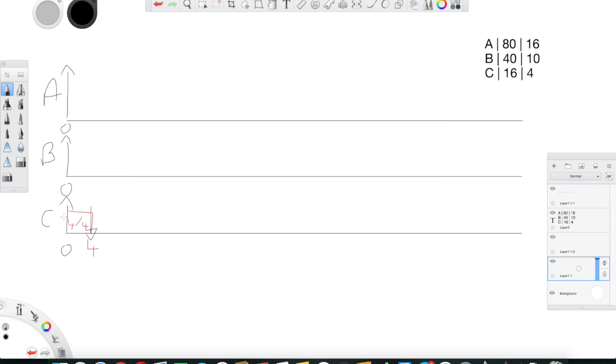So which task will run? It will be task B, because task B has the second shortest period after task C, and since task C finished execution, task B will start executing. Task B will start at clock tick number 4, and it actually needs 10 clock ticks to execute.